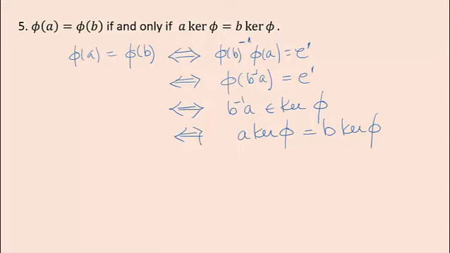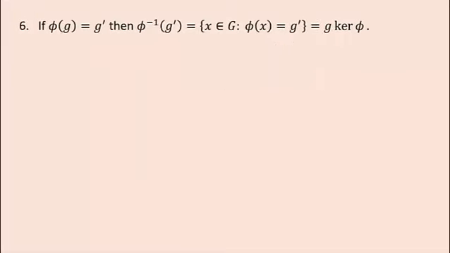So listen to the words again. A homomorphism maps two elements to the same image if and only if those two elements of G are in the same coset of the kernel.